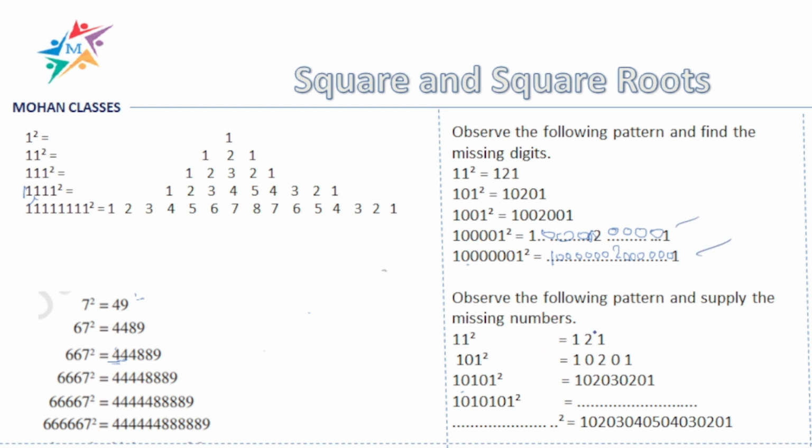So here 11 square is equal to 121. What about 101 square? 10, 20, after that 1. Here 1, 0, 1, 0, 1 square. 2 times 10 repeated. So we are going 10, 20, 30, after 30, 21. So here 3 times 10 repeated.